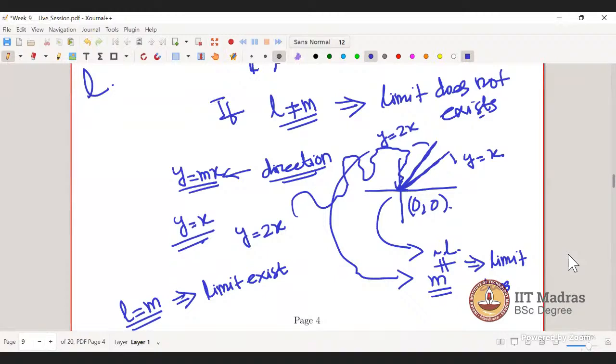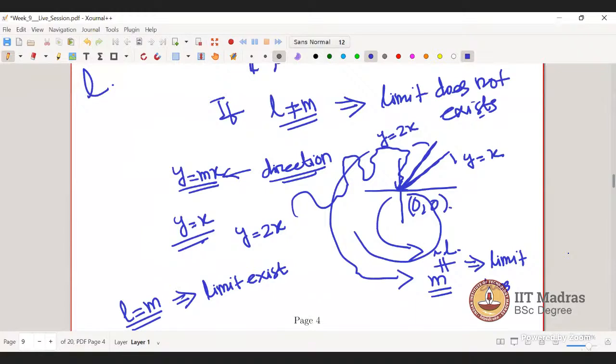A parabola is more or less a curve, so you can come in this way. It's not that you have to consider only lines. Basically you have to consider all the different paths. Certainly lines are also paths, but these are not the only paths. This will help only in disproving something, that's all.